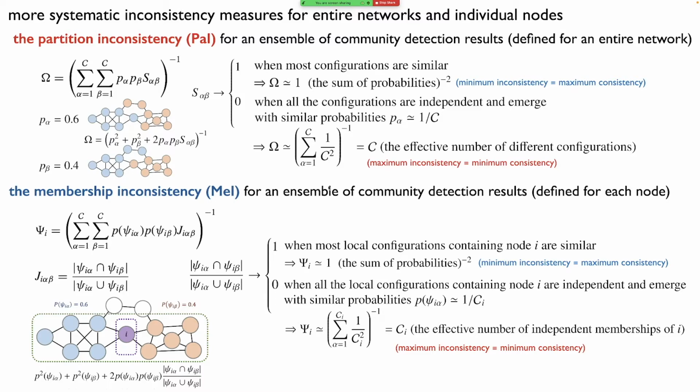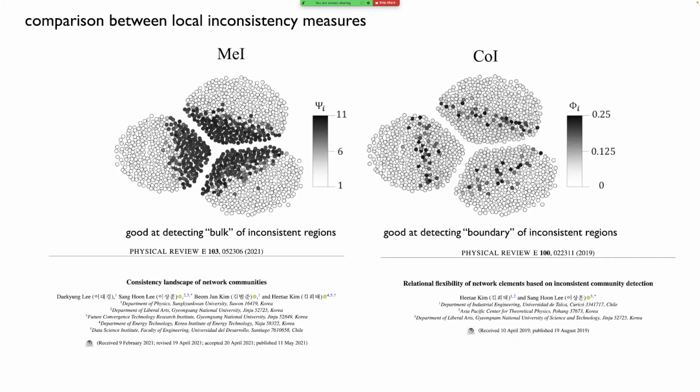I will introduce it shortly. Instead of going through all the mathematical terms here, here is an illustrative example to show the difference between the MEI and KOI. Here I demonstrate the newly developed MEI measure is good at detecting the bulk part of the inconsistent regions, while the KOI is good at the boundary of the inconsistent regions, fundamentally because it's a maximum at the region where the node is switching between just two communities.